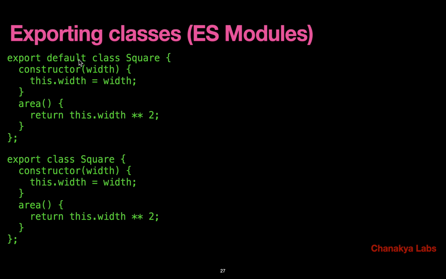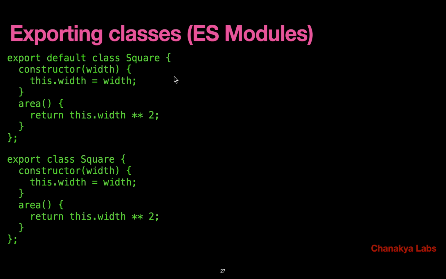And if you want to use a simple named export in case of ES modules, then you can do something like export class Square. The default export means that when you are importing, you can use any name. In this case, it is a named export, which means that export class Square exports a variable named Square. It is bound to the name Square, and that's why it's called a named export.